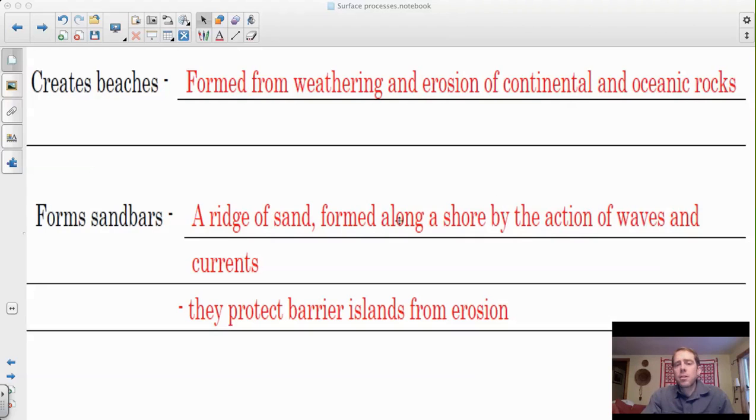Sandbars are ridges of sand formed along the shore by action of waves and currents. They protect barrier islands from erosion. So those sandbars that are off the coast of an island tend to slow the waves down and then protect it.